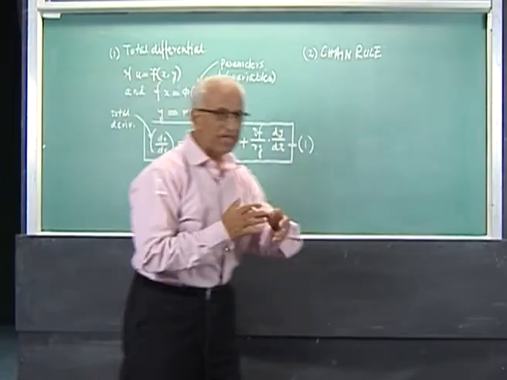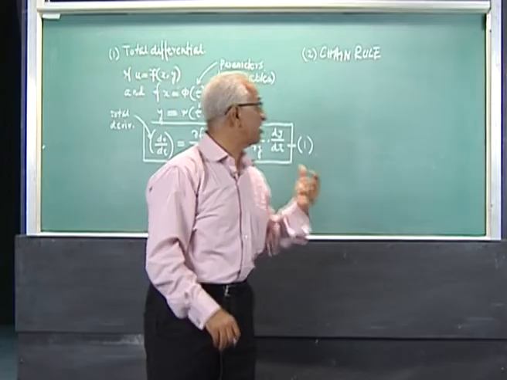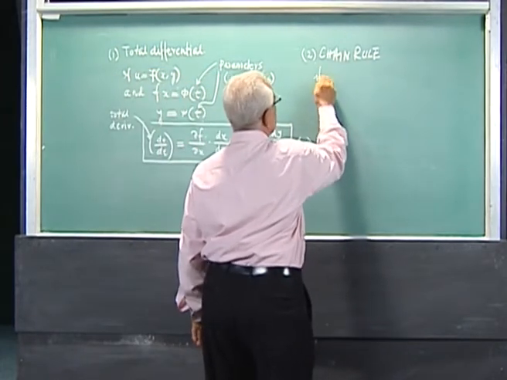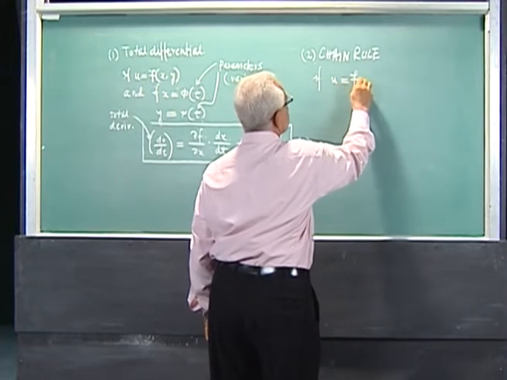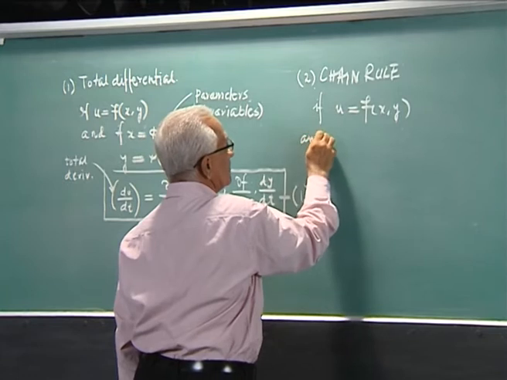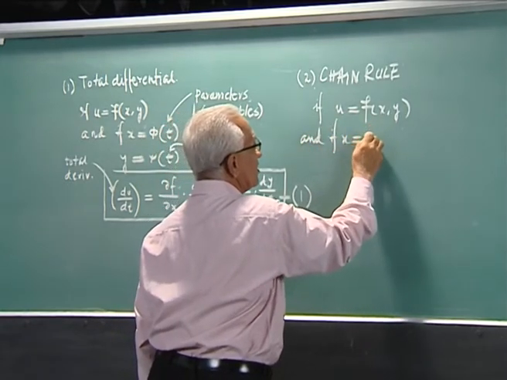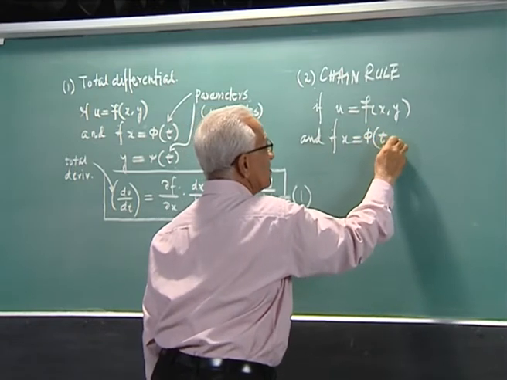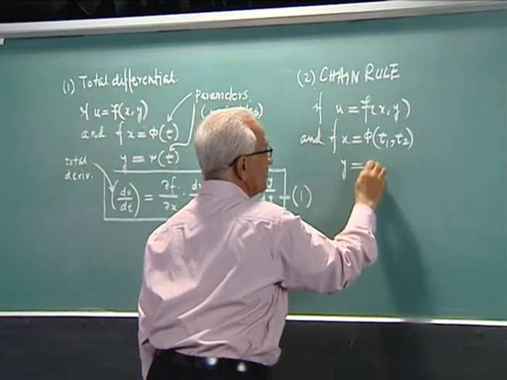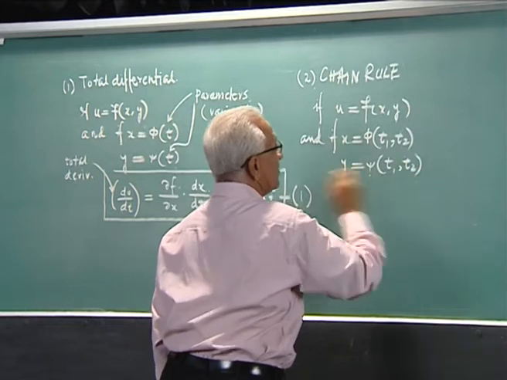Chain rule is completely the partial derivative, and we will be having more than one variable, as you can see, compared with a single variable. So again, starting with, if u happens to be a function of x and y, and this time note, x is similarly a function of, this time, two variables t1, t2, and y is also a function of t1, t2, then we apply the chain rule.